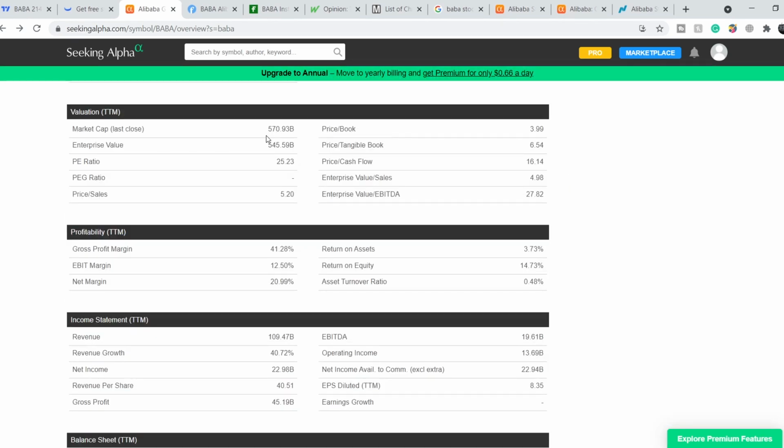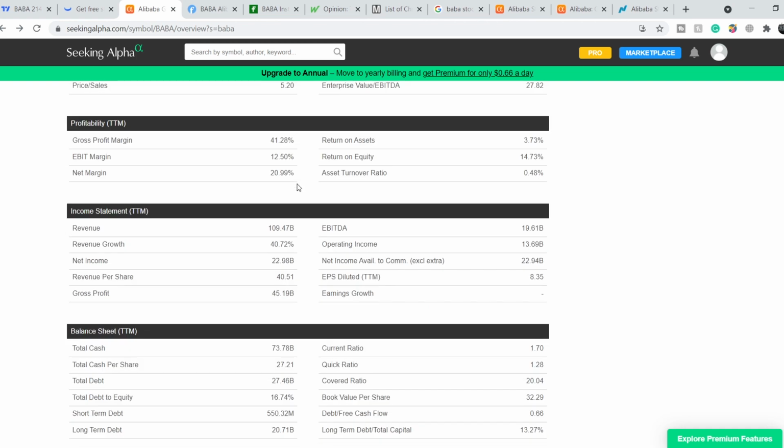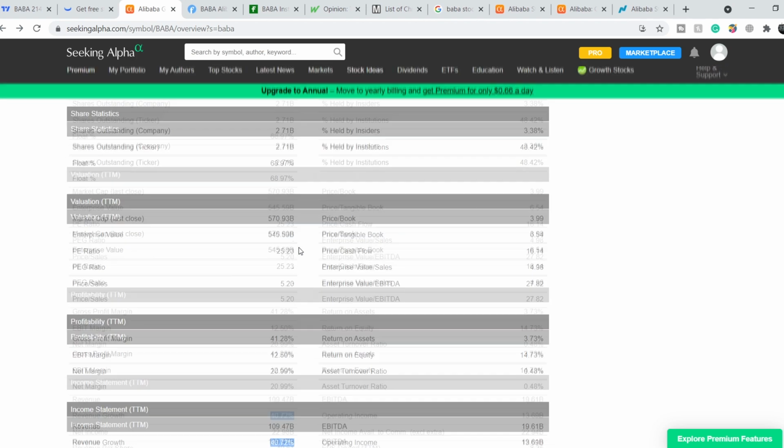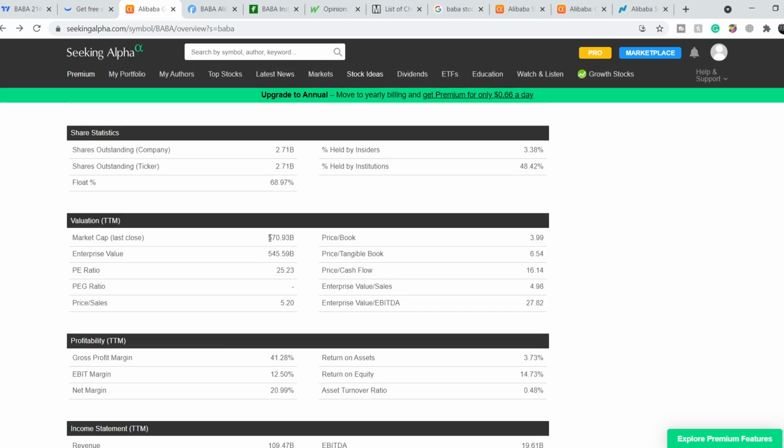For now, their total market cap is $570.93 billion. They have a revenue of $109.47 billion with a positive net income of $22.98 billion. They have a very good revenue growth of 40.72%, especially compared with their total market cap of more than $500 billion.